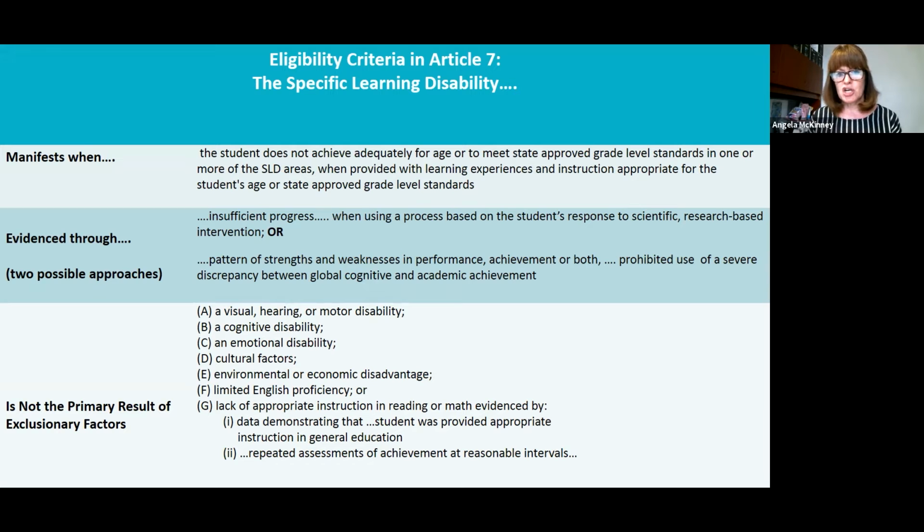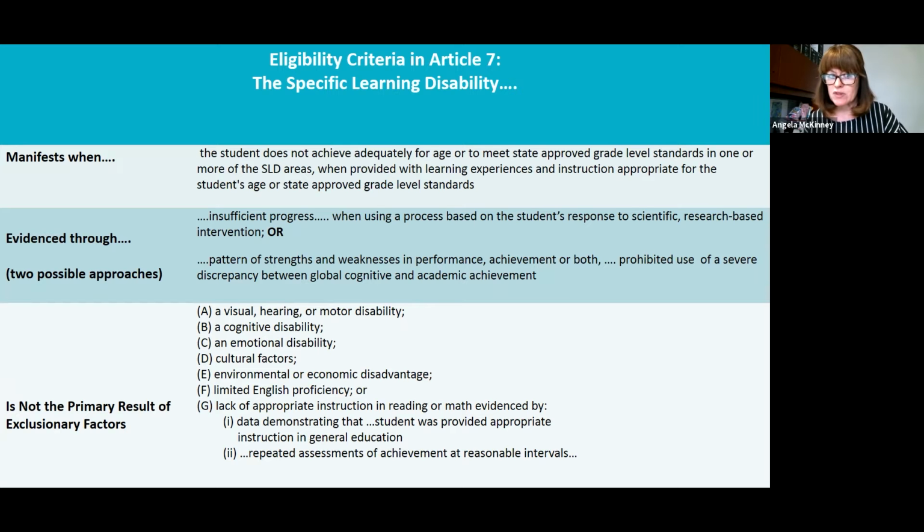So this is chunking this out of Article 7, some of the language. It's not all word for word, but it basically says, you know, a learning disability, we've got a kid who doesn't achieve at an adequate rate or to an adequate level for their age or to meet the standards for that grade level in one or more of the areas.